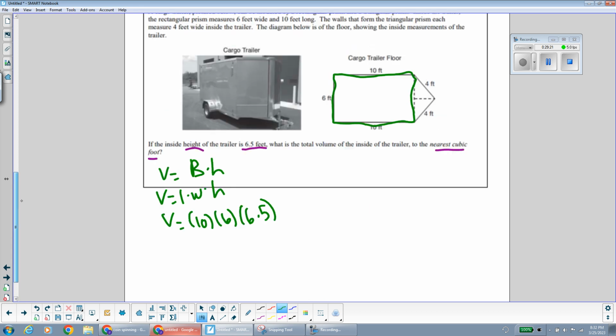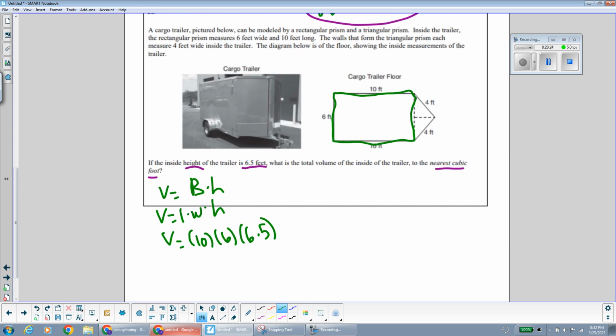We have 10 times 6 times 6.5. And that is 390 cubic feet.